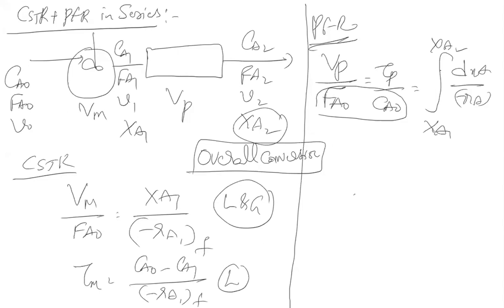Now you can write another equation, which is tau p is equal to minus the integral from Ca1 to Ca2 of dCA by minus Ra.